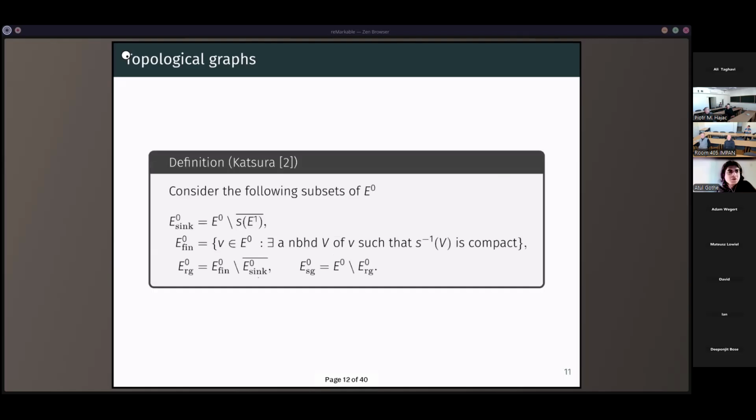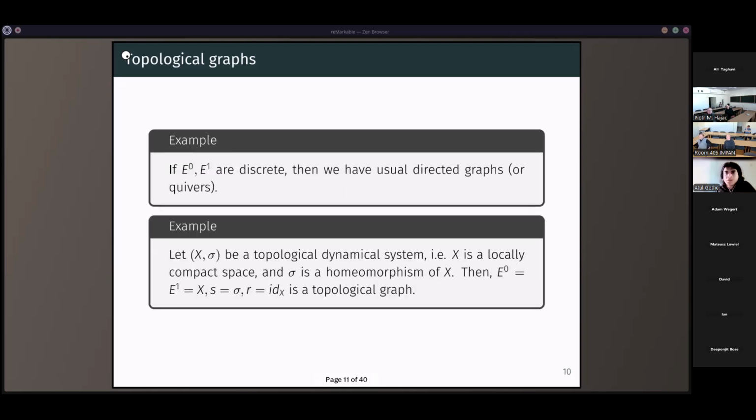Model categories are any category which has cofibrations and fibrations. But we also need fibrations, and we don't have fibrations here. So we cannot even define them, we cannot even ask about this lifting property.